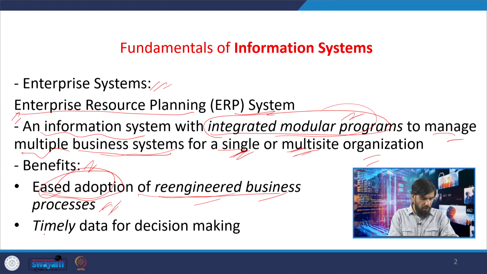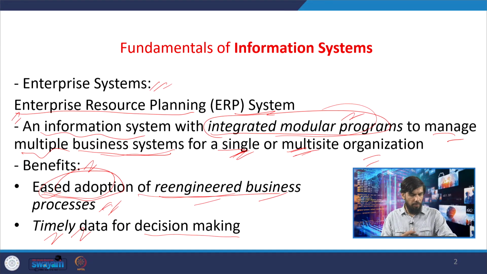Another benefit is timely data for decision making. If the data is only coming from, let us say, the TPS, transaction processing system, that might not be sufficient at times for decision making, because production related data might also be needed to arrive at a good decision.